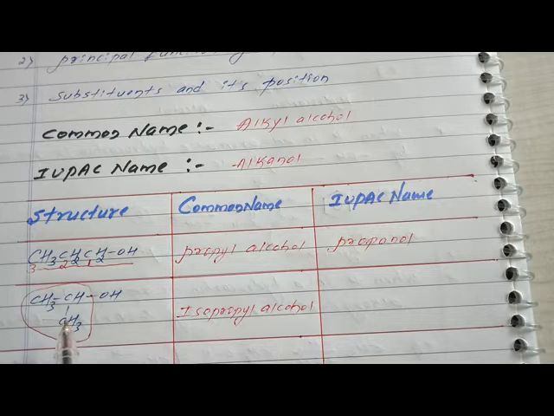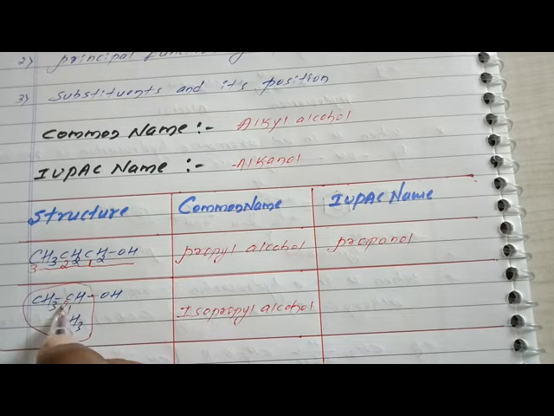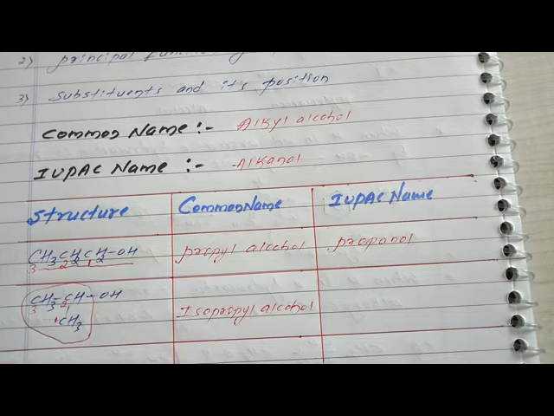The second thing is to identify the substituent, if there is any, and its position. I can number from this side, 1, 2, 3. We can number from the other side also, 1, 2, 3. Both give the same result.